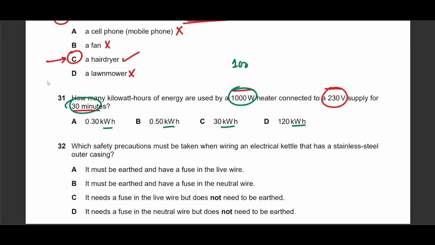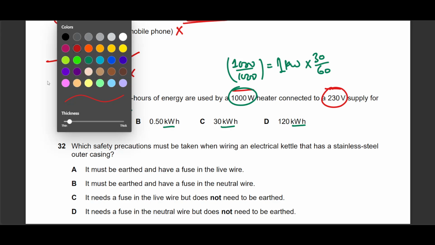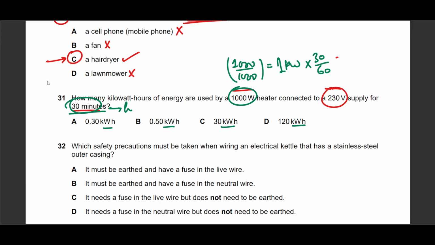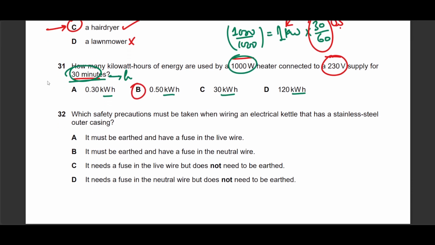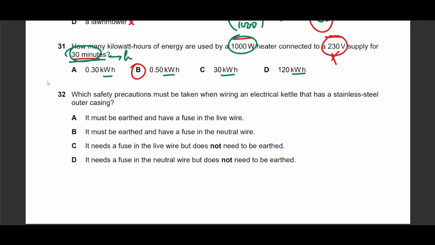So 1000 divided by 1000, we can do this by mental math, comes out as 1 kilowatt of power. The time has to be in hours, which will be 30 divided by 60, because to go from minutes to hours we divide by 60. So this comes out as 0.5. So 0.5 multiplied by 1 is 0.5. So question number 31's answer comes out as option B. Simple, straightforward. The 230 is a distraction.